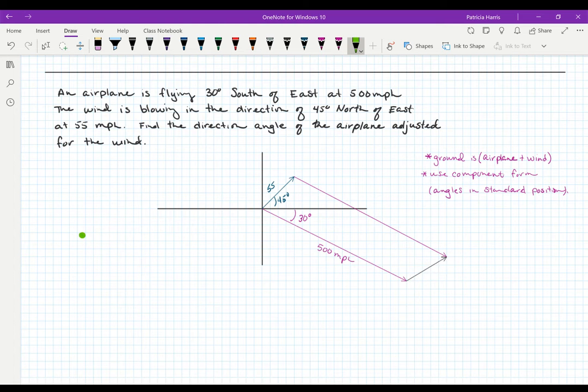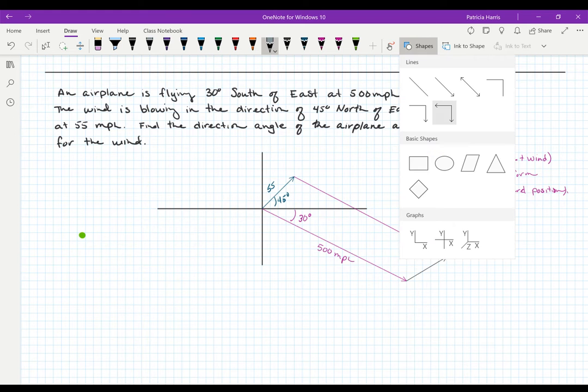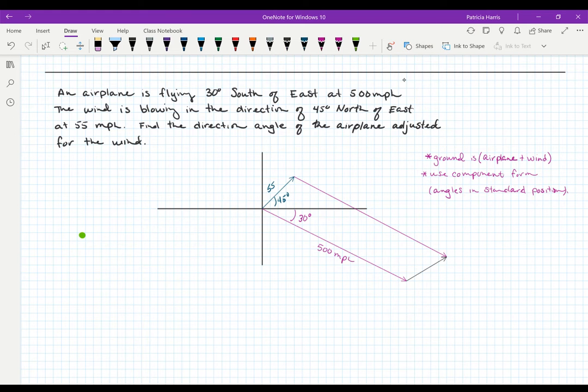All right, and then realize that the ground is going to be the diagonal between the two.